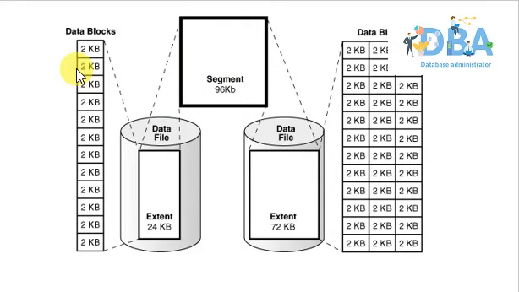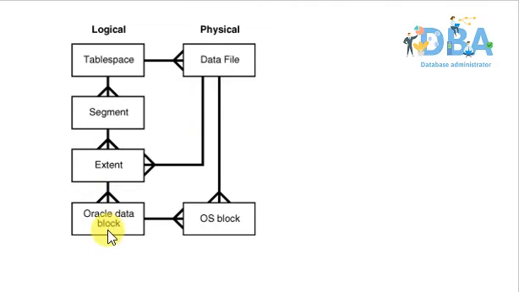You see each block has data, and together these make one extent, and a couple of extents make one segment. This is what we were talking about earlier: Oracle data block, extent, segments, and the table space.